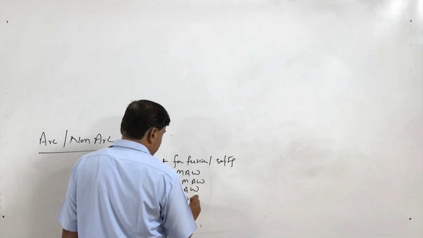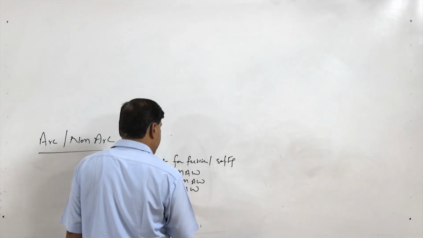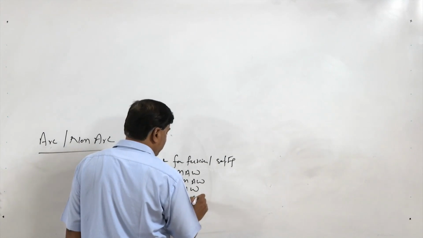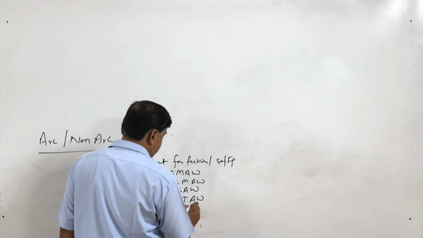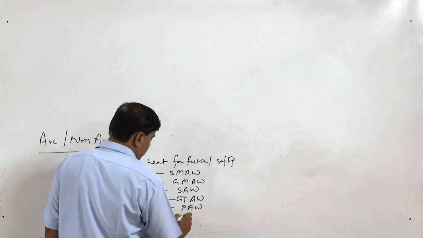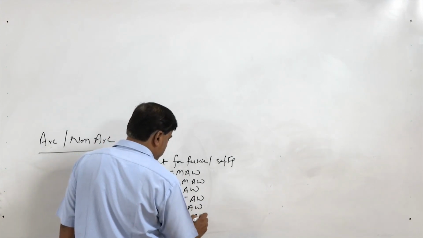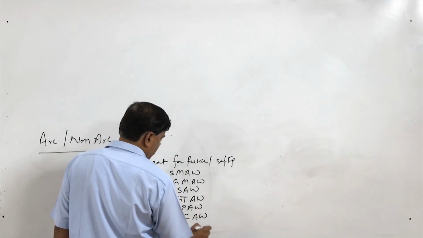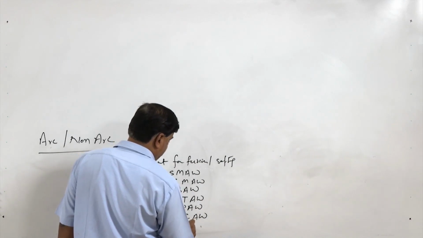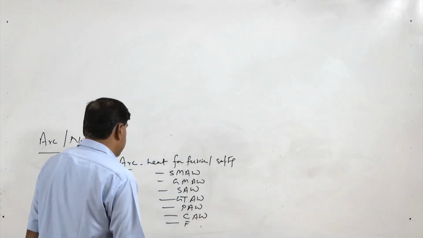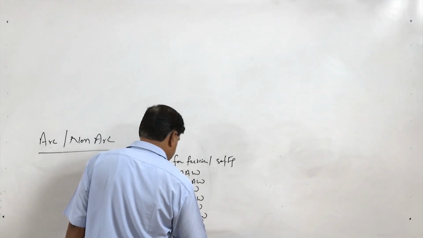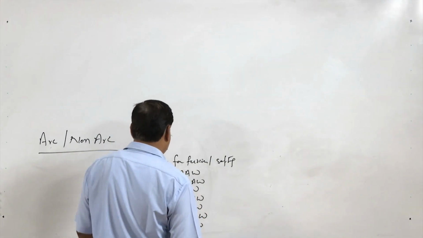tungsten, GTAW, gas tungsten arc welding, plasma arc welding, similarly there is carbon arc welding, and then electro gas welding processes.